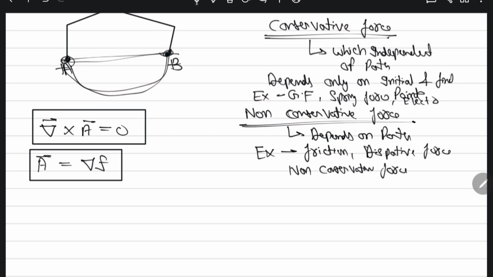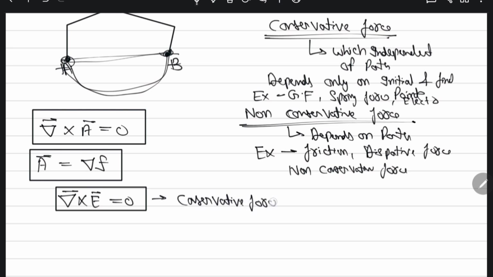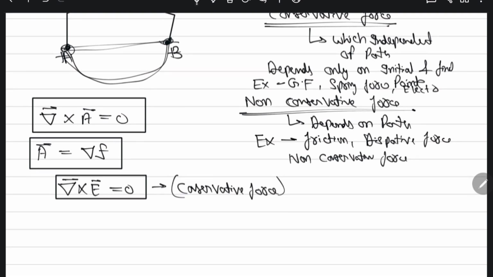In a similar way, electrostatic force is also a conservative force, so its curl comes out to be zero.